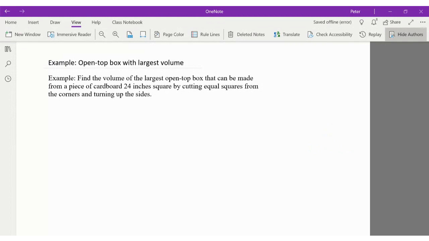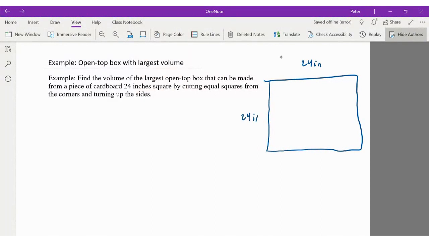So here we want to find the volume of the largest open top box that can be made from a piece of cardboard 24 inches square by cutting equal squares from the corners and turning up the sides. So what we have here is 24 inches on a side. In other words, each side is 24 inches.